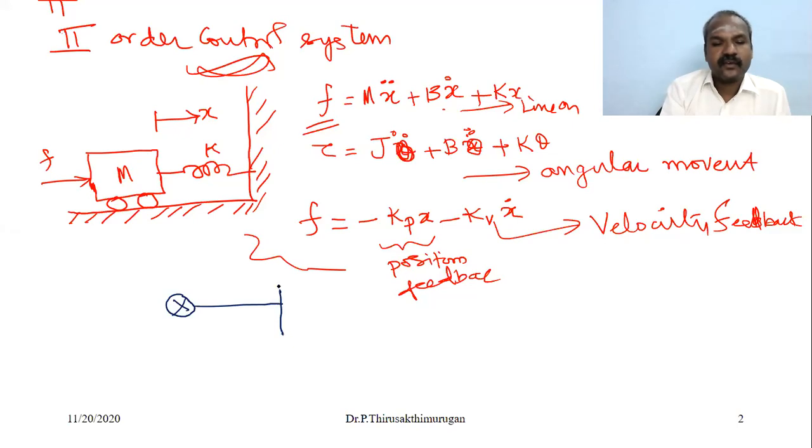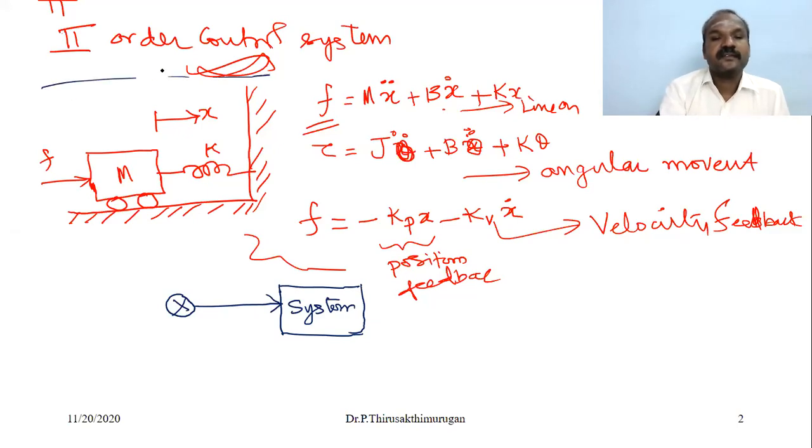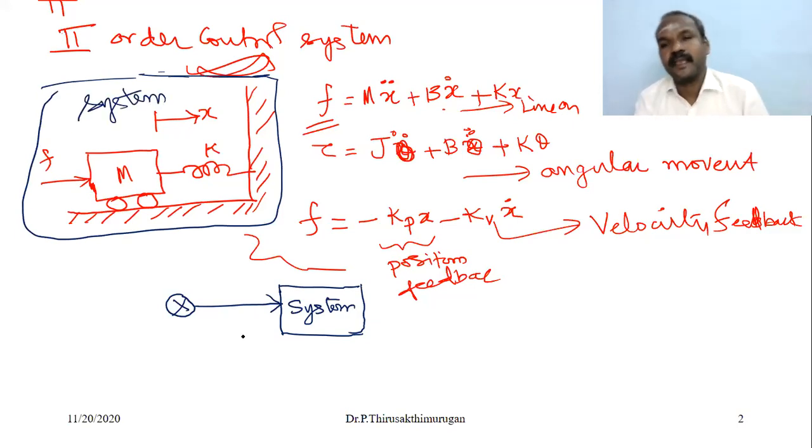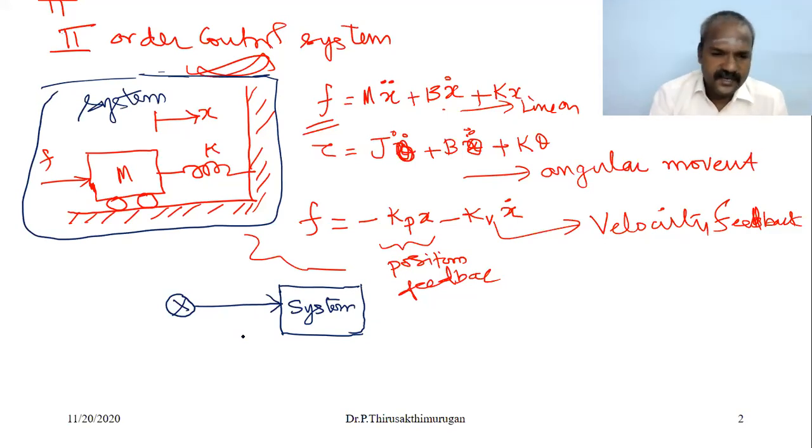This is the robot system. Here in our case, we consider this mechanical system. The system is represented by a second order transfer function.